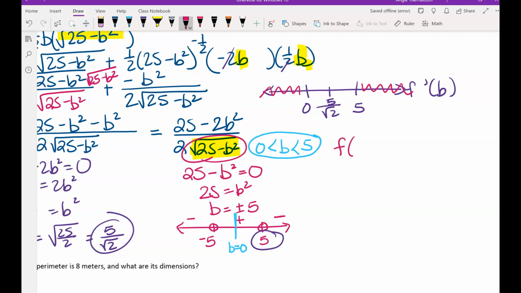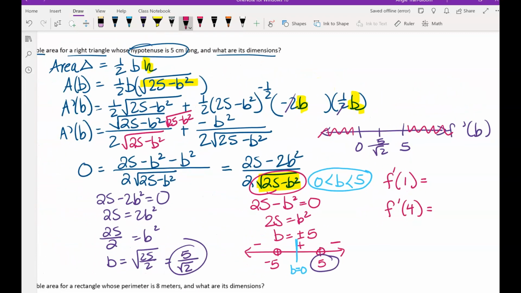So technically I only have one value in between 0 and 5 rad 2 to pick. Let's pick 1. And one value in between 5 rad 2 and 5 to pick. So let's pick 4 to see if these will give us positive and negative. Plug it into our first derivative.